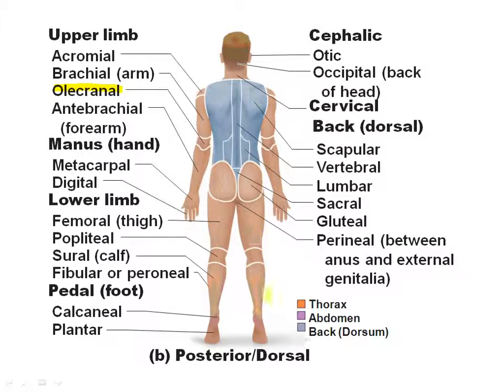The back of the legs is the same as the front, except the back of the knee is the popliteal region. The front of the knee was the patellar region. The back of the lower leg, where your calves are located, is the sural region. The front was the crural region.